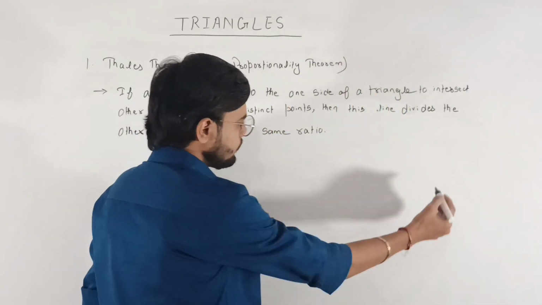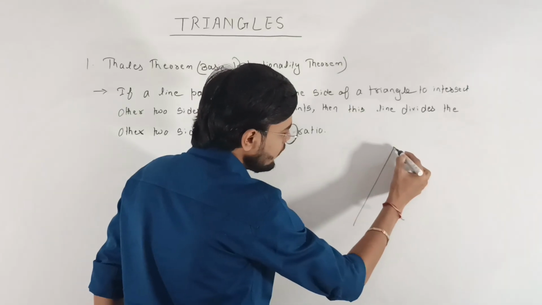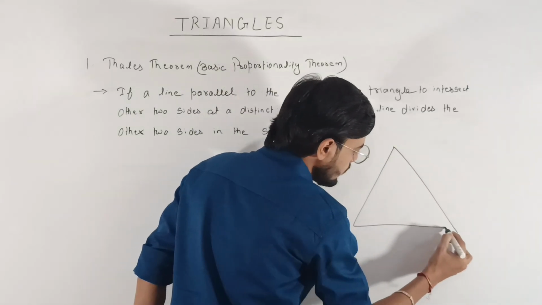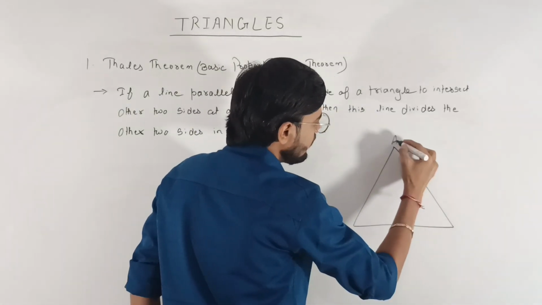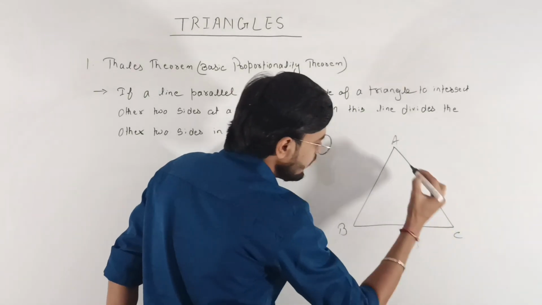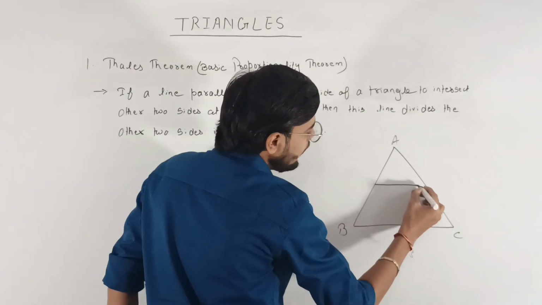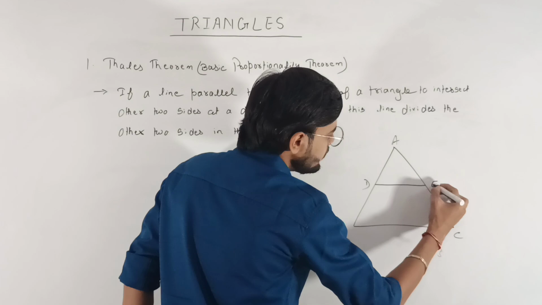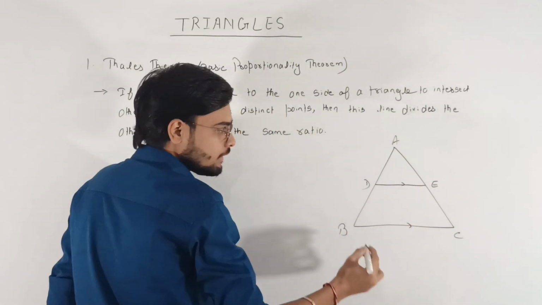Now look, suppose I have a triangle ABC. This is my triangle A, B and C. Now look, this is a line DE which is parallel to side BC.